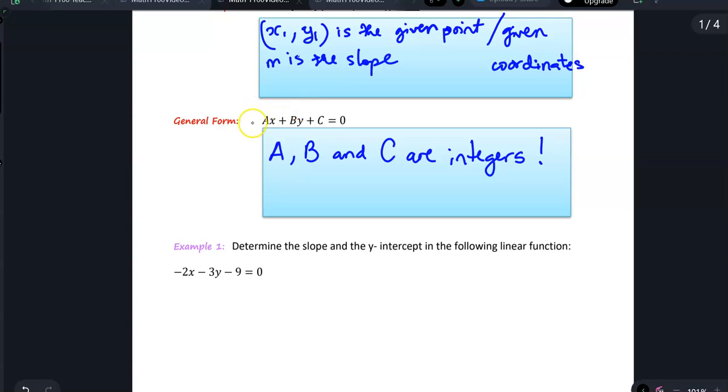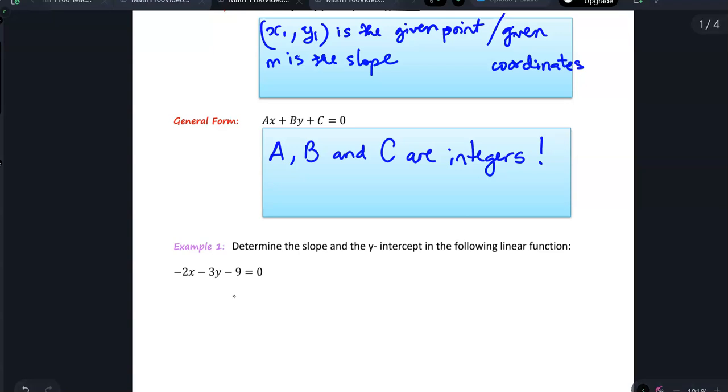So it's in this form right here. You see that? It's ax plus by plus c equal to 0. And in this case, I have a as negative 2, b as negative 3, and negative 9 equal to c. So these numbers are just integers. They have no indication of whether or not they are a slope or the y-intercept.